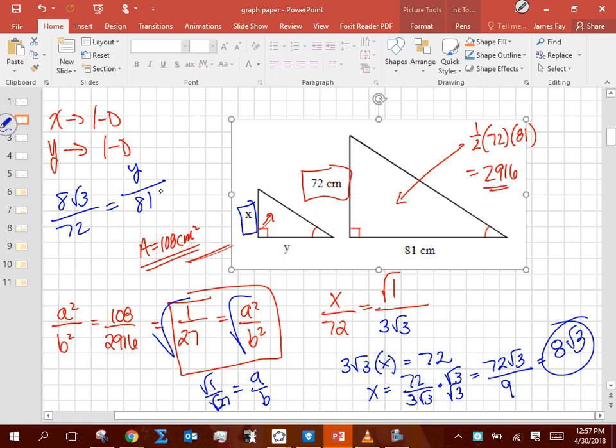That would be fine as well. My thought, though, is this 3 radical 3 is a smaller coefficient than that 8 radical 3. So your mental math might be easier with the 3 radical 3. But by all means, what you said is perfectly fine as well.